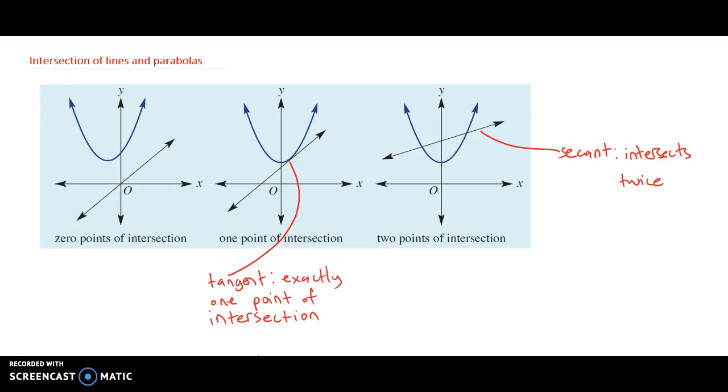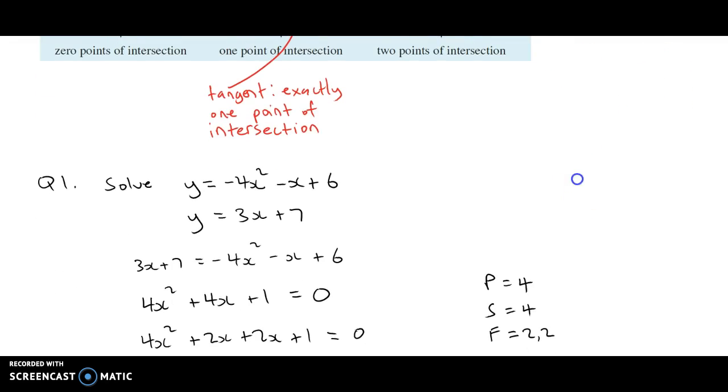Now, one more thing that's important to add. Sometimes you might be asked to just determine the number of solutions, or the number of points of intersection of two equations. And the way we can do that is actually by using the discriminant, which hopefully you're familiar with now.